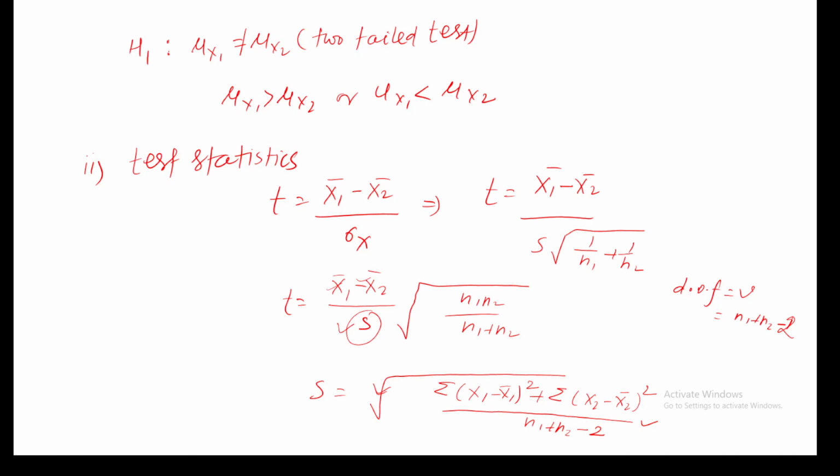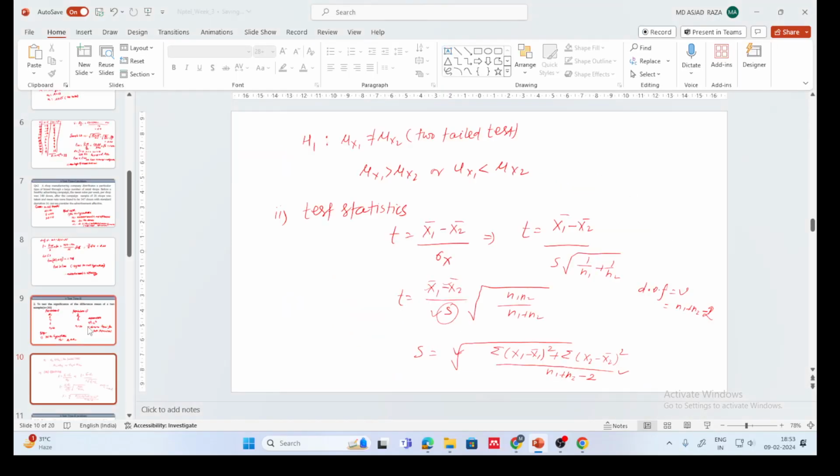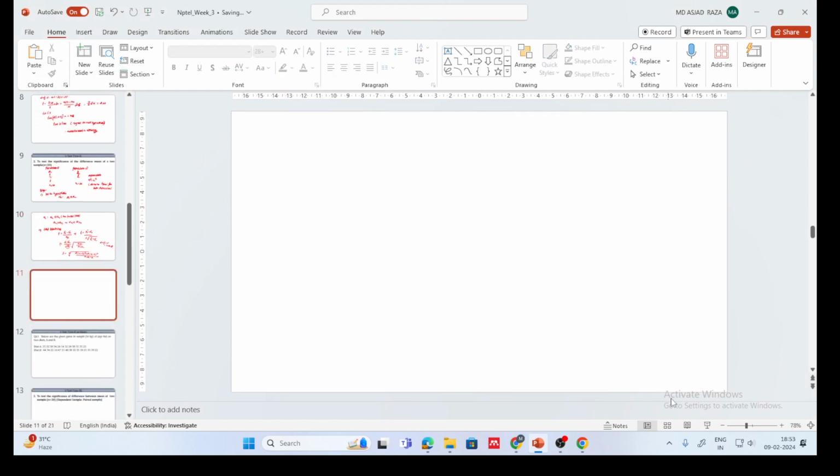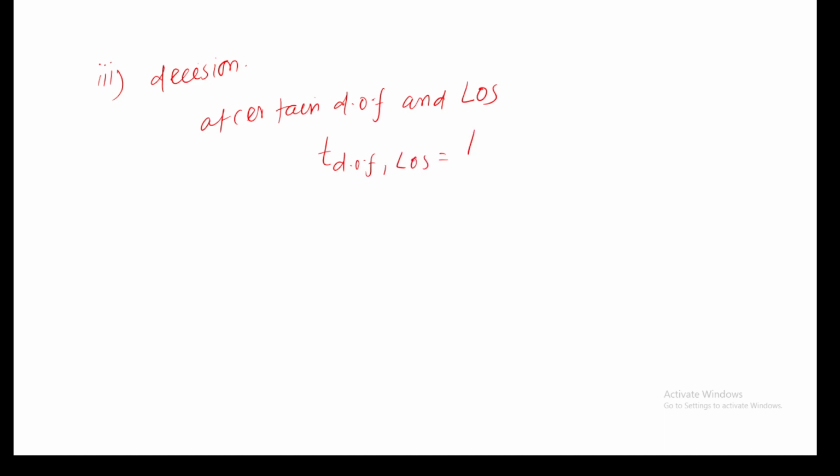Then after that you have to go with the decision. The third step: at a certain degree of freedom and level of significance, you consider t with the degree of freedom and the level of significance. You will get T tabulated.